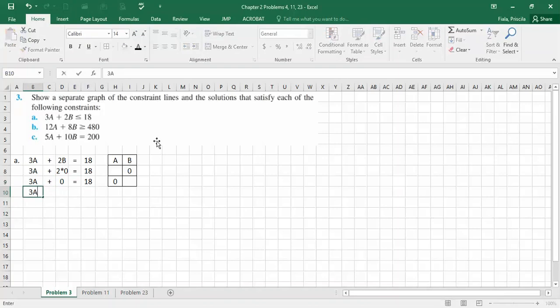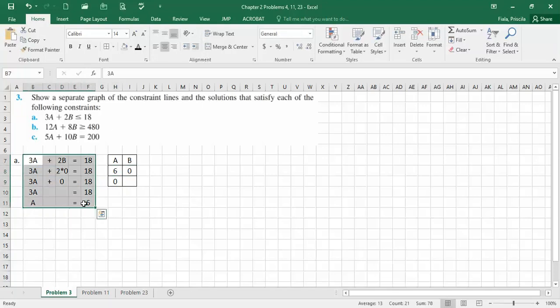And now you're going to have 3A equals 18, correct? So if you divide both sides by 3, 3A divided by 3 is A, 18 divided by 3 is 6, correct? So when you divide both sides by 3, you figure that A is 6. Therefore, A is 6 when B is 0.